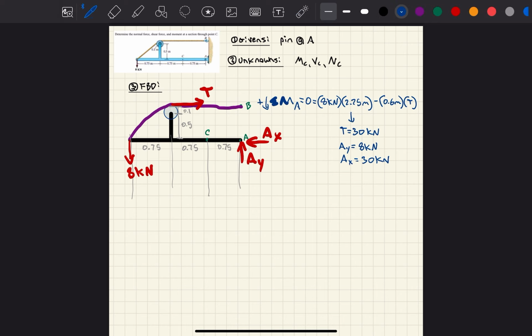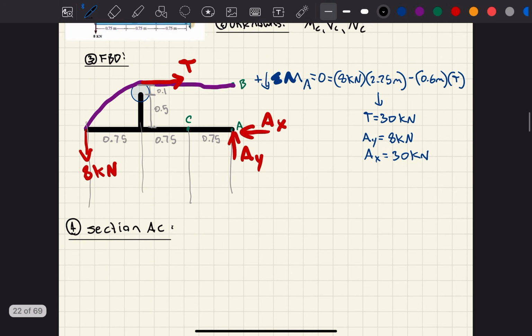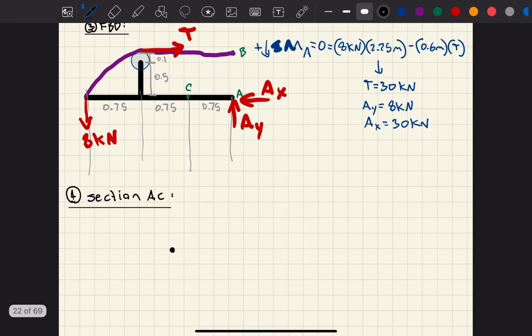Okay, so we're going to take a look at section AC. Let's keep this in frame. This is point C, A. Dimensions are from here to here.